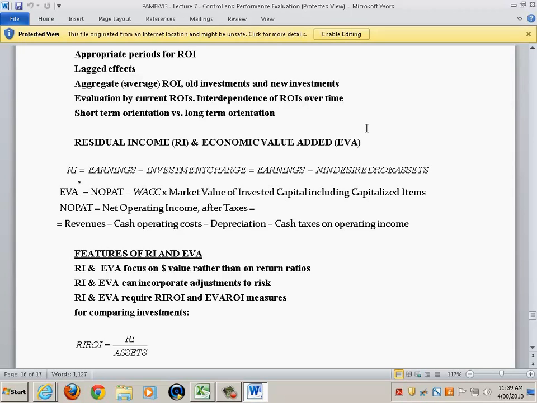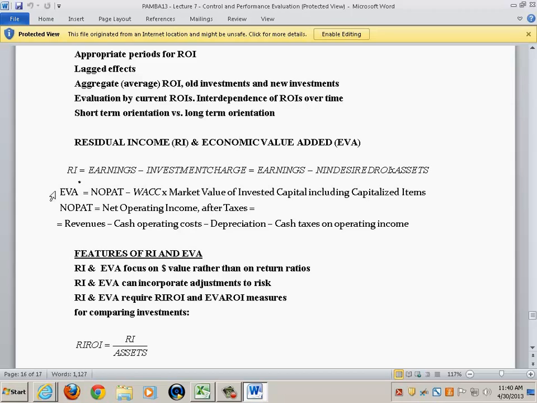So it will be the 12%, the minimum required ROI, times the value of the asset base, and you compare this number to the actual earnings, and the difference between the two is whatever residual income remains after you satisfy the minimally required income. So that difference is called residual income.